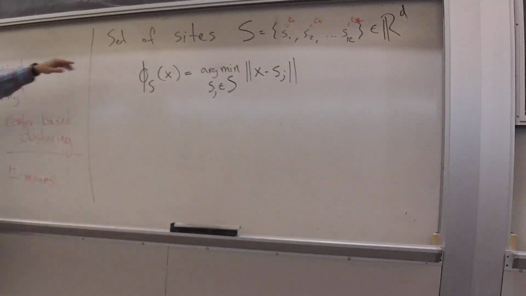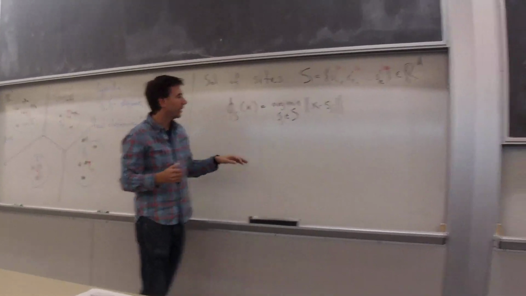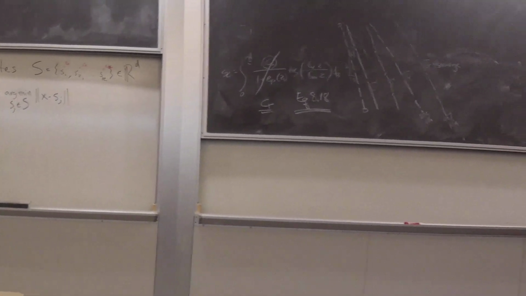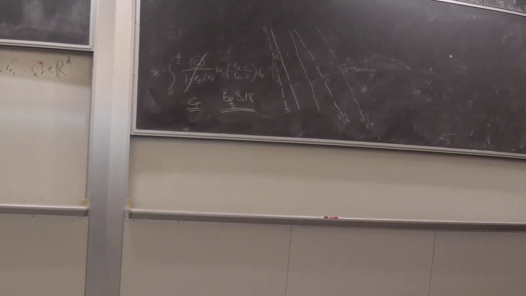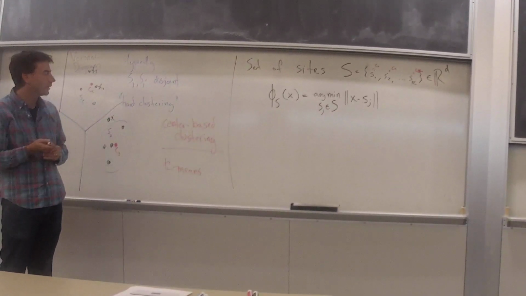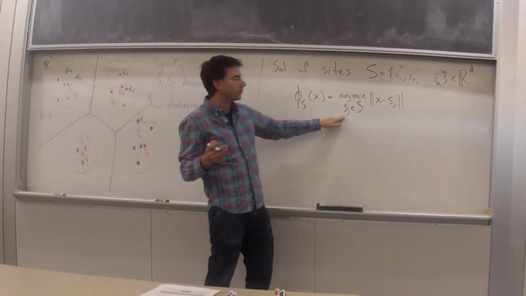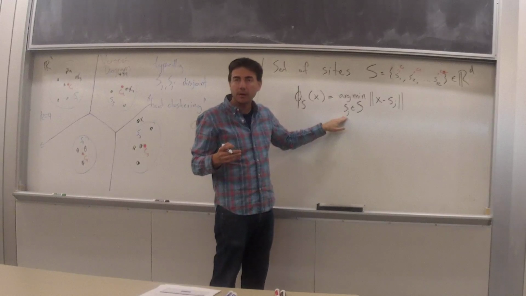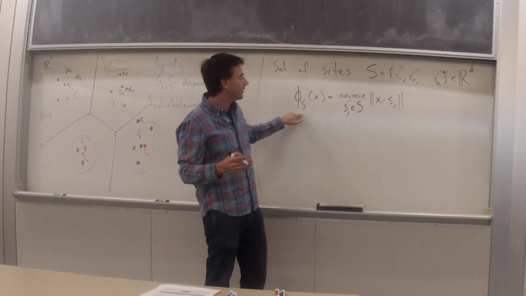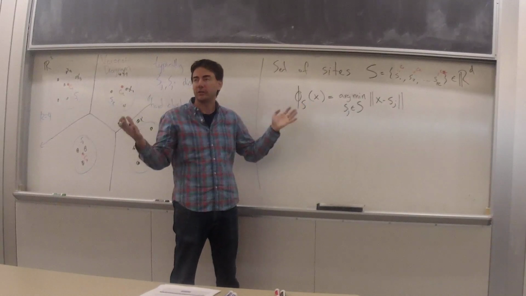The set is finite, so I can just evaluate this for each of the sites, and I'm going to return the site which is the minimum. Okay, and this gives me the assignment of any point x onto a cluster center, is what it's doing.